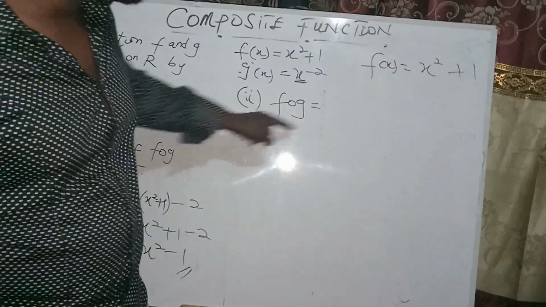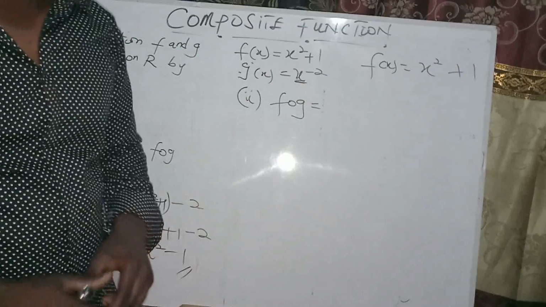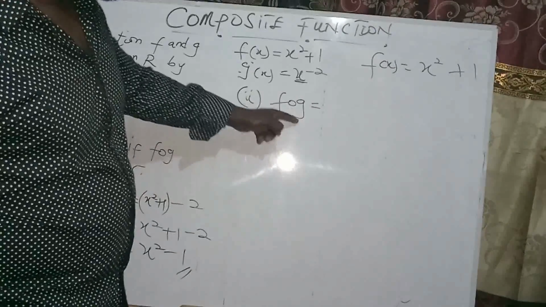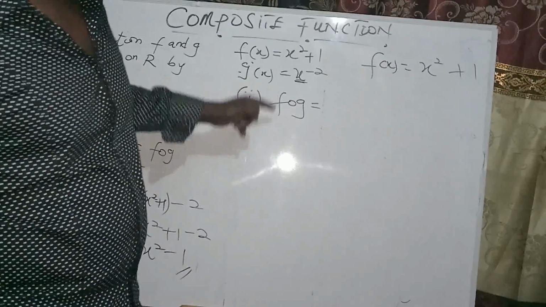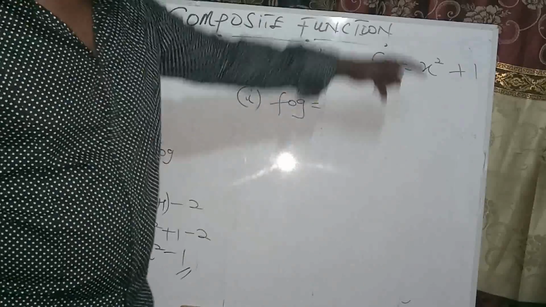So wherever in f we see x, we put the whole function g into it. Anywhere we find x in the function f, we put the whole of g into that.